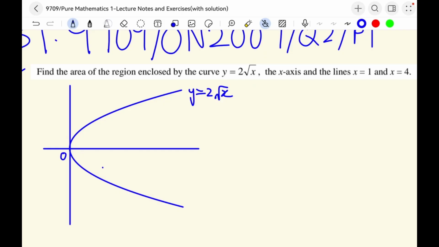And this is the x-axis. Let's say x equals 1 is here, and I draw a vertical line.